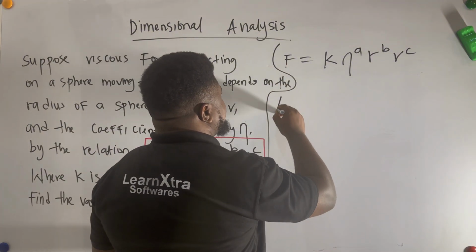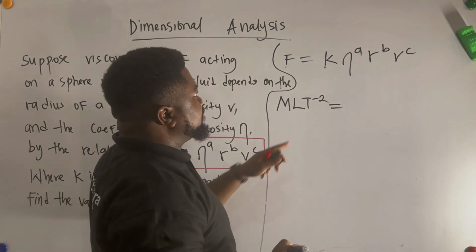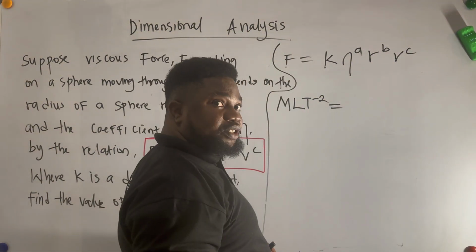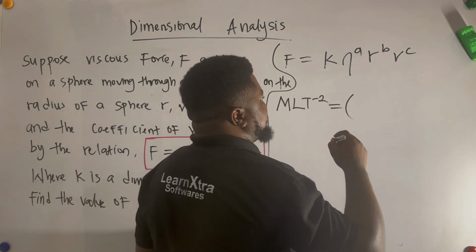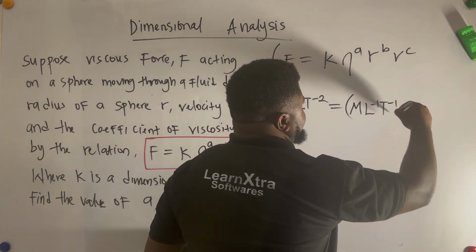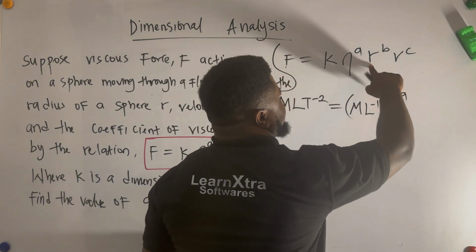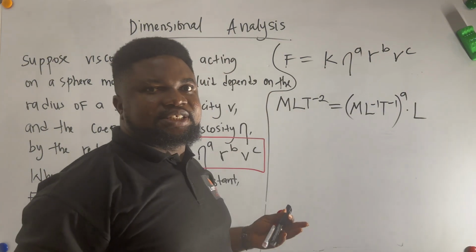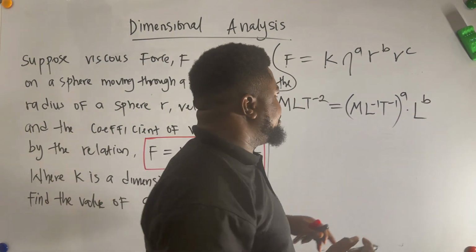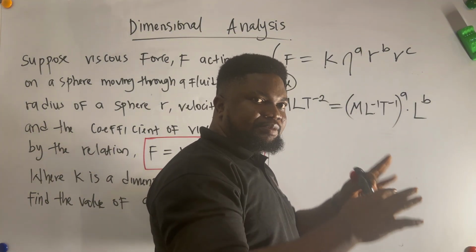F is MLT minus 2 equal to K, dimensionless, so we don't have any usage for K. Eta, viscosity, inside the bracket, M L minus 1 T minus 1, bracket close, power A. R is radius, and that is length, power B. No brackets for single letters.